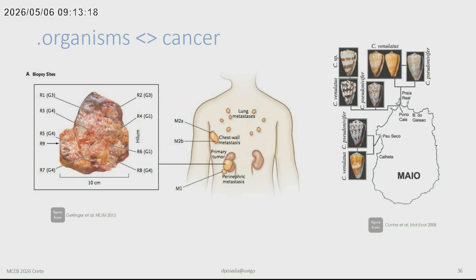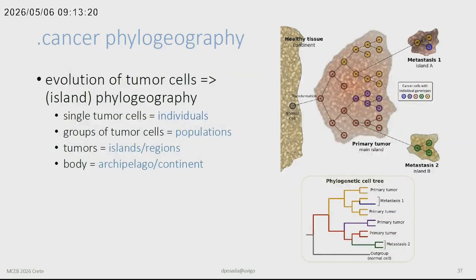Of course, we can think that evolution is just evolution. It doesn't matter whether it's within a body or among species. It's the same thing, right? So we can make this analogy: the tumor and the metastases can be an archipelago, and the continent the healthy tissue. We can describe the evolution of cells in space using paleogeographical techniques.